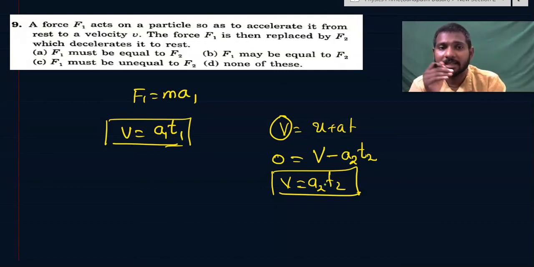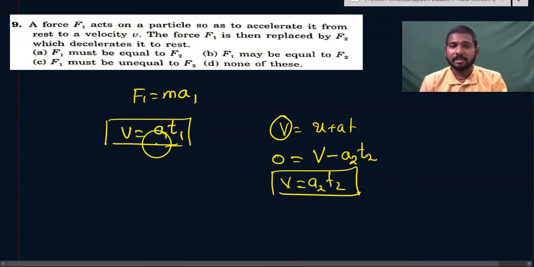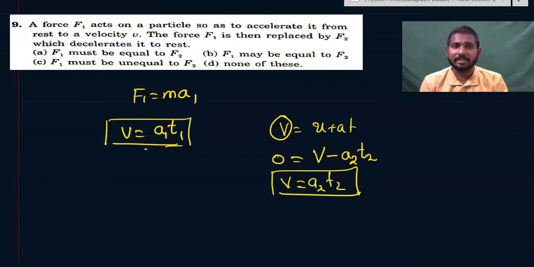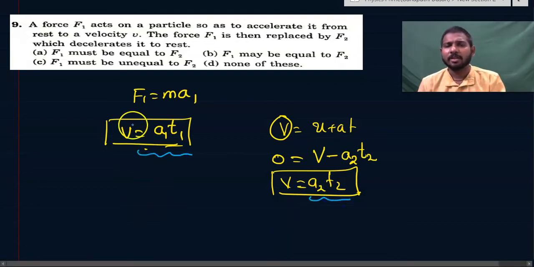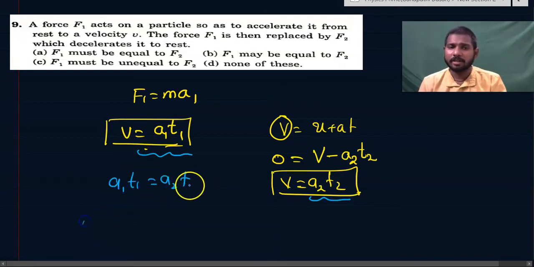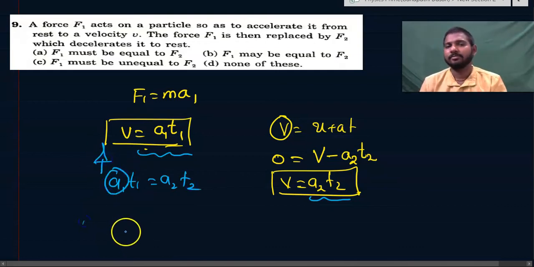Time is not given. So the velocity is equal to a1 t1 in the first case, and that velocity is equal to a2 t2 in the second case. So a1 t1 is equal to a2 t2. That means if acceleration a1 is greater than a2, that means force 1 is greater than force 2, then t1 should be less than t2.